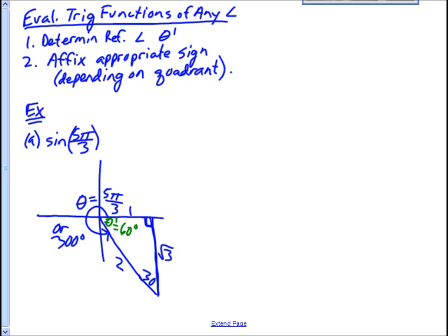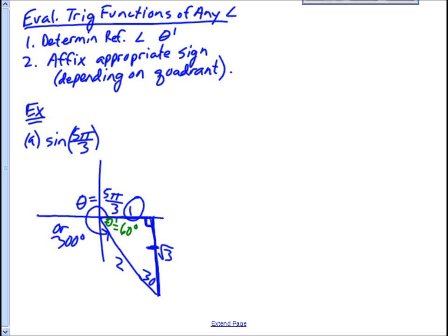Now, when I say fix the appropriate sign, you kind of got to jimmy rig this because you see how you go in the positive direction, okay? So the 1 is positive, but then we go into the negative direction, which is your y value, so it's going to be negative. So I'm actually going to make this a negative root 3 so that this works out for me, okay?